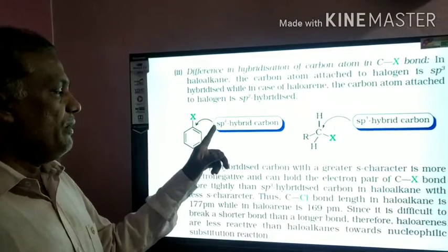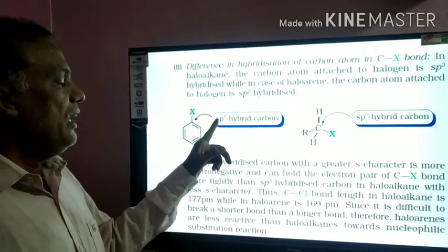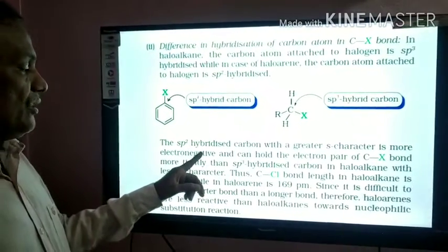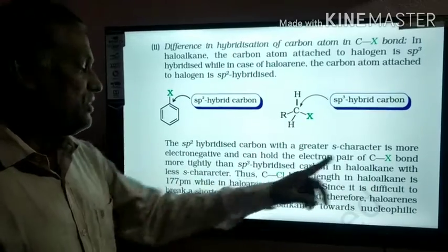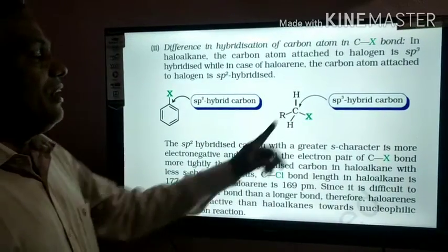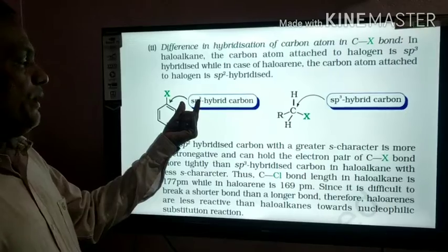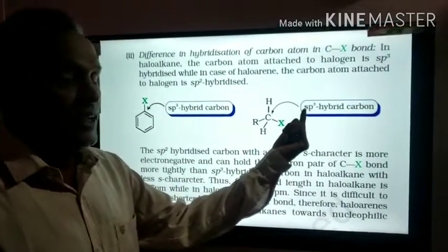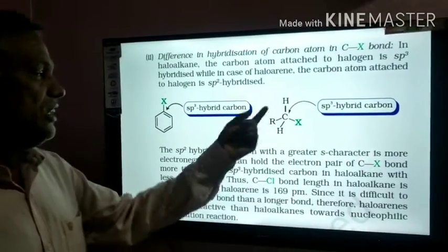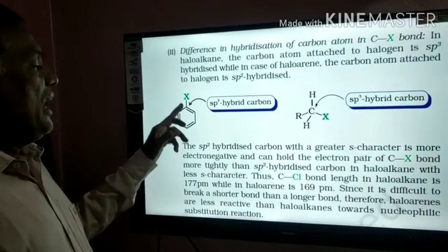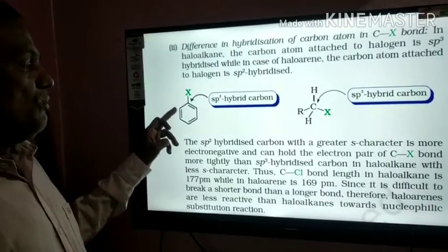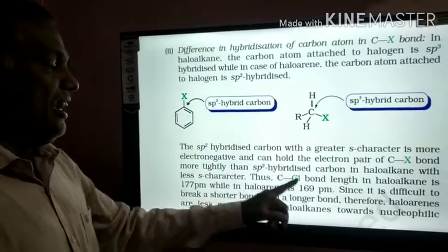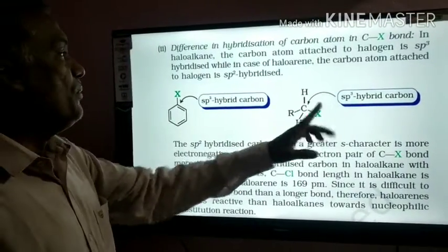Total 100% means s character is 33% and p character is 66%. The carbon with more s character can hold the electron pair of the C-X bond more tightly than sp3. Why? In sp2, the s character is 33%, but in sp3, the s character is only 25%. So that's why carbon holds the halogen in haloarenes more tightly than in sp3 hybridization. So that is also one of the important reasons.